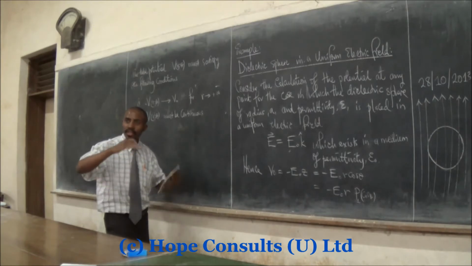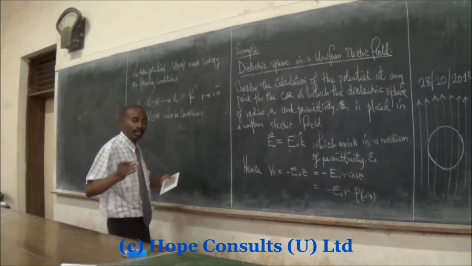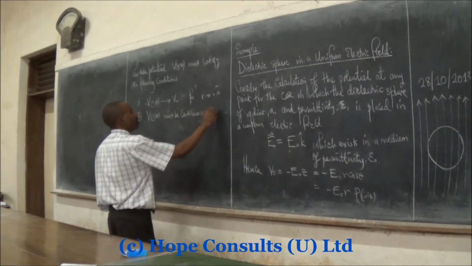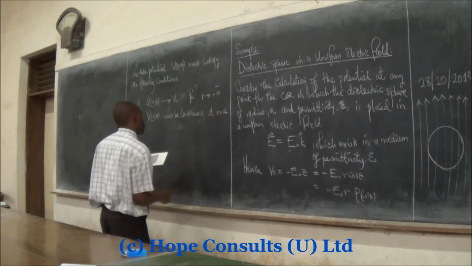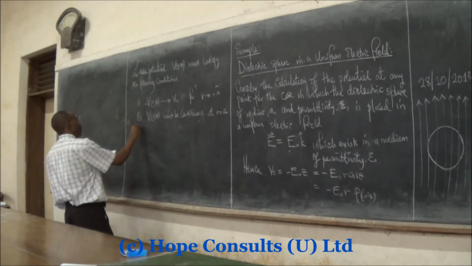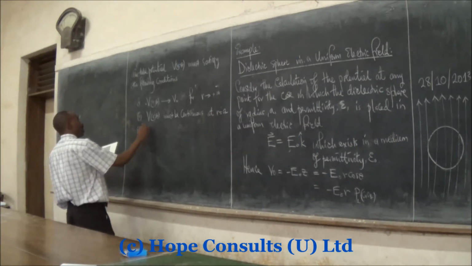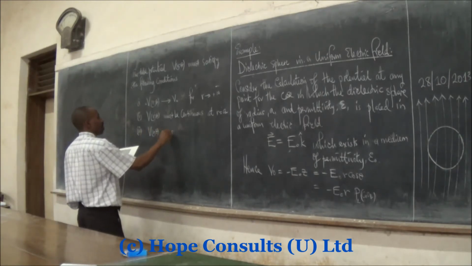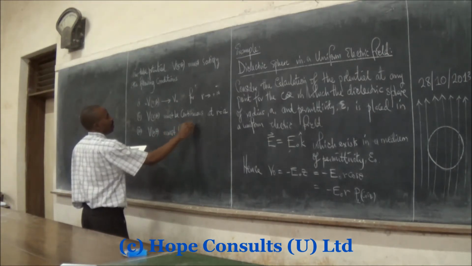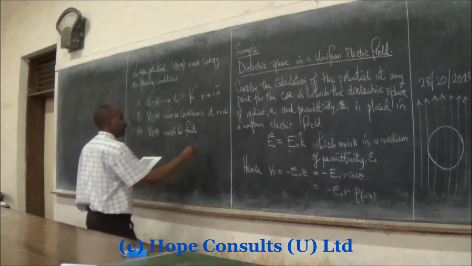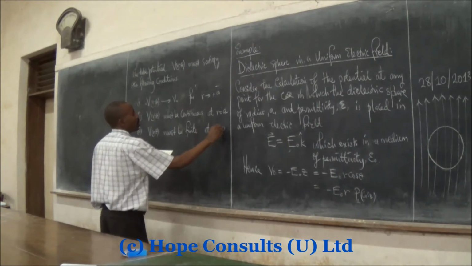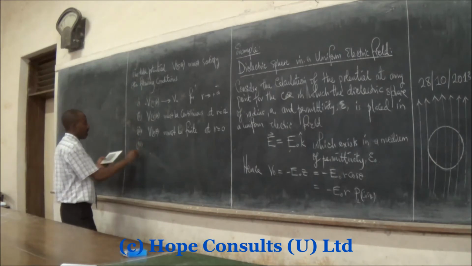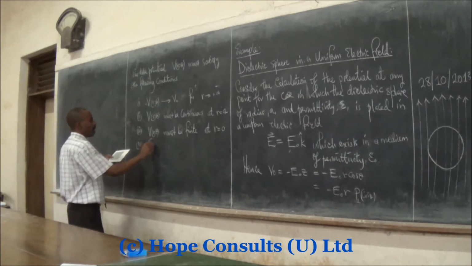So on the surface of the sphere, where R is equal to A, the potential should be continuous. Three, V(R, theta) must be finite, must be a given value at the center of this dielectric sphere.